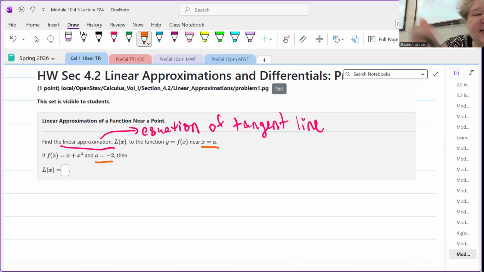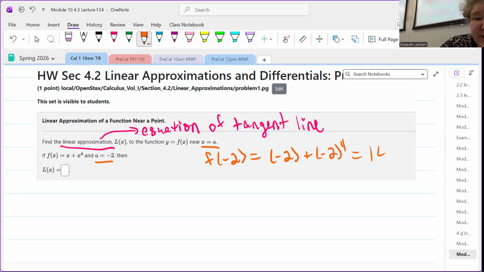So at x equals -2, I need to know the y value, the function value. So f of -2 is going to be -2 plus -2 to the fourth, and that is 14. So I have the ordered pair -2, 14. That's the point where my equation is occurring.